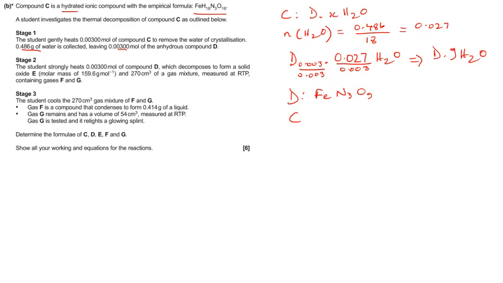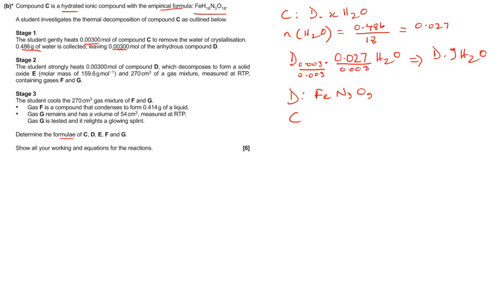Just to remind ourselves, we've got the empirical formula of C up here, but it wants the molecular formula of C down in the command line. But because we've got 0.03 here and 0.03 here in stage 1, we know that there's only one iron.